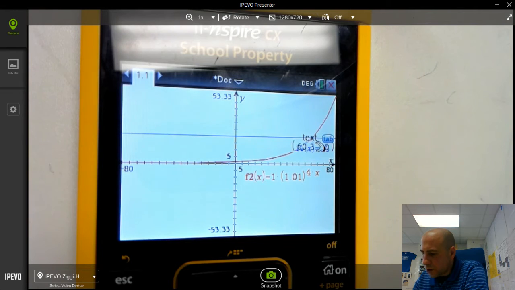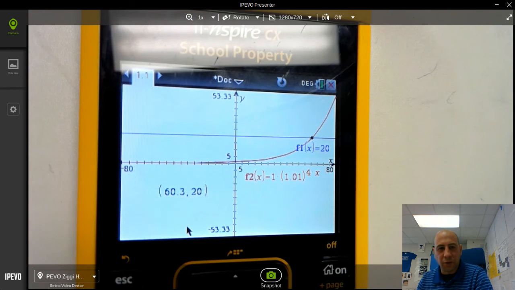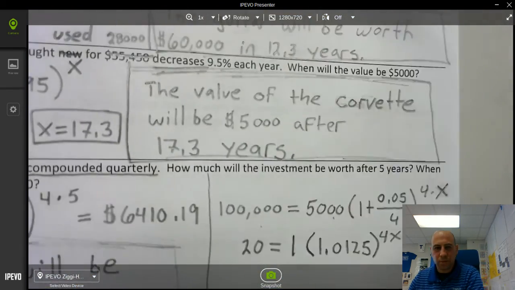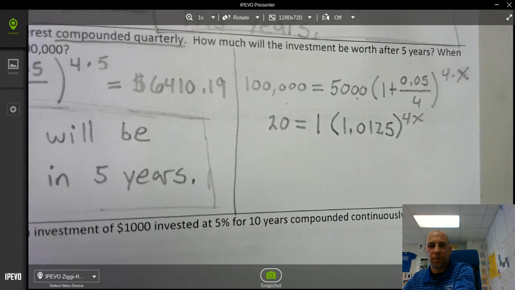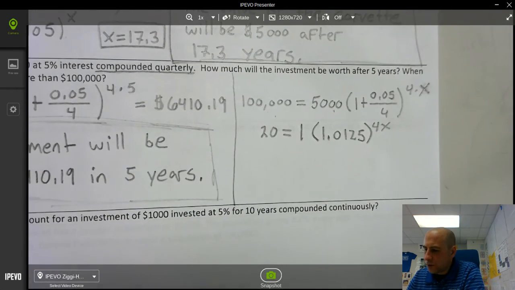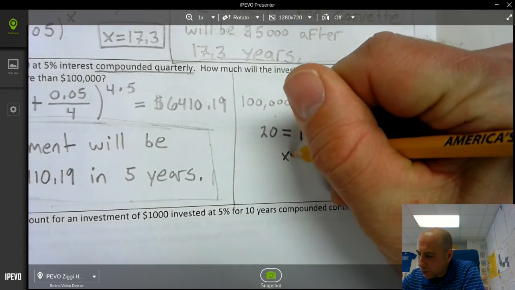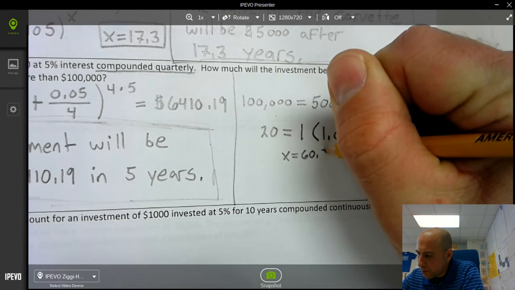I'm going to move the cursor over the point, Control click, and move the point. And remember, when we find the intersection, we're only looking at the x value. So in this case, x is 60.3. All right, so x equals 60.3.